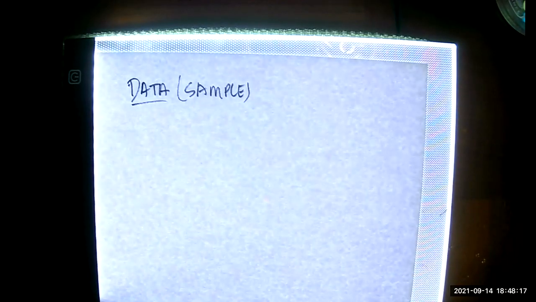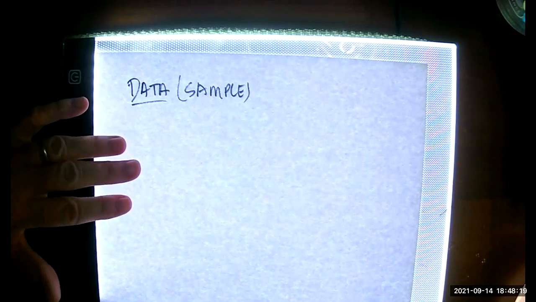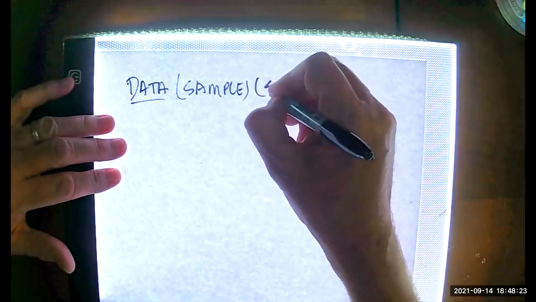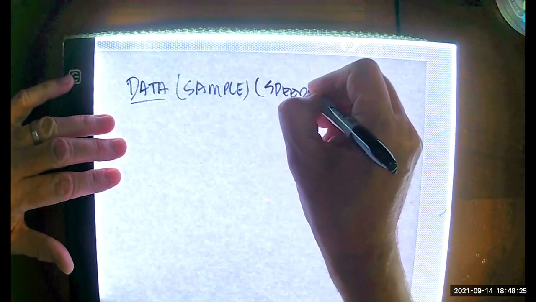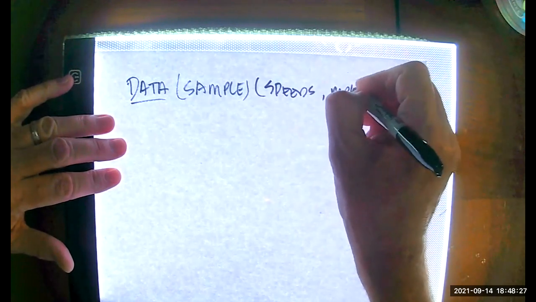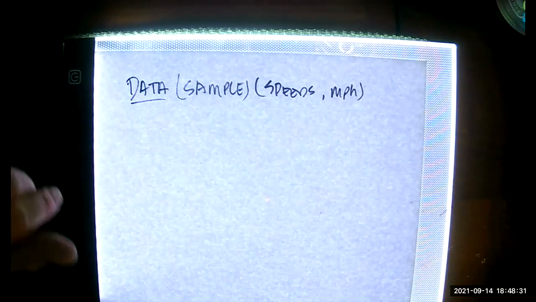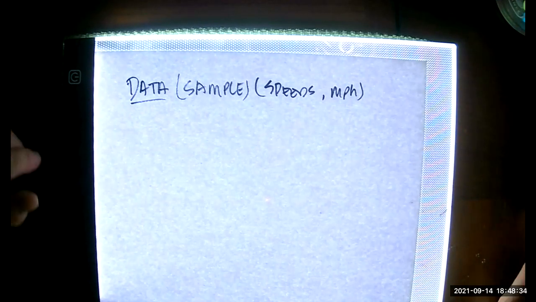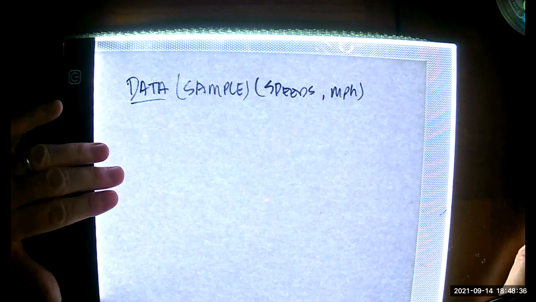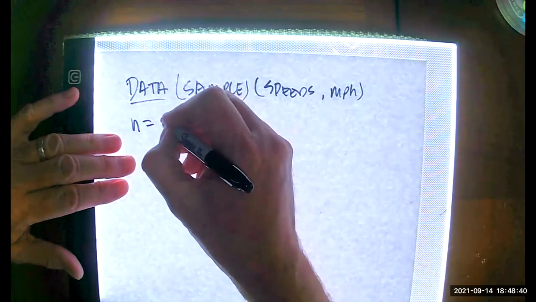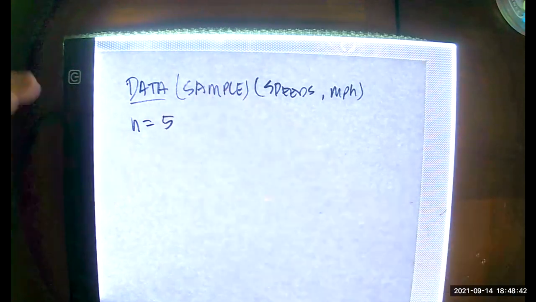So we'll begin my example with data from a sample. In this case, I like speeds in miles per hour. Why? Everyone understands speed. We've all had a ticket or two, 3 or 4, maybe if you were me. And we've got a sample. Let's look at something reasonable, something like n equals 5.